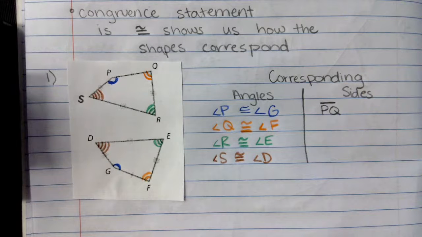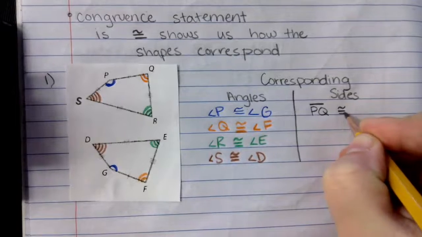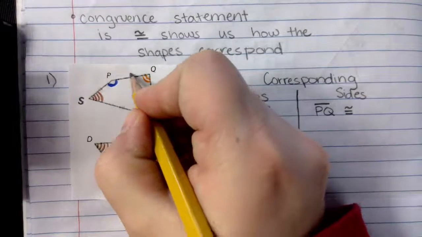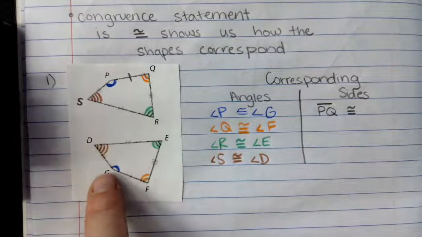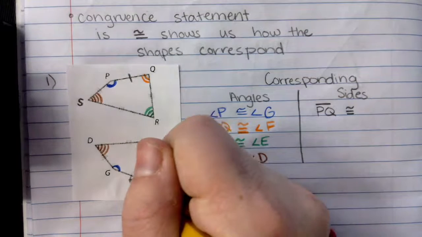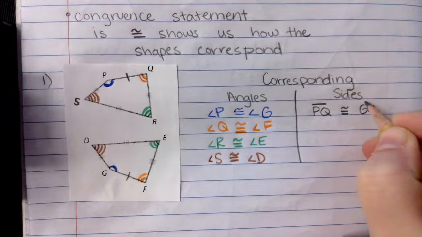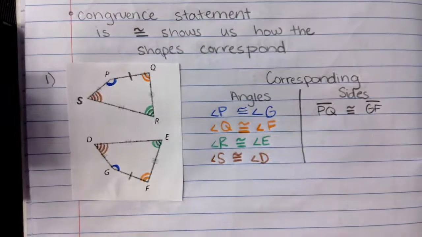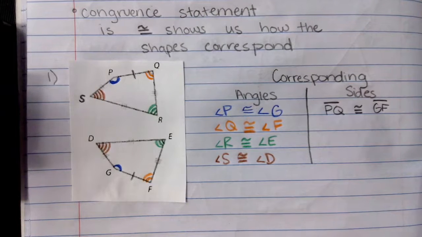Can anyone see where that one tick mark falls down here? Between G and F. So we know those are congruent, those are corresponding parts. Another way you can tell is if you look at our angles that correspond, that side goes from our blue to our orange. So down here I'm going to match it up between our blue and our orange.